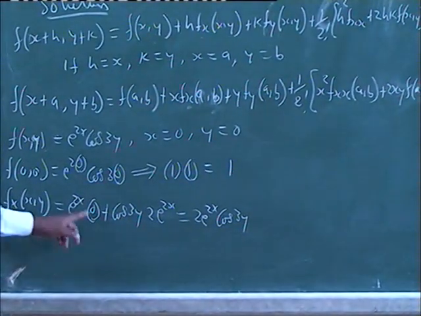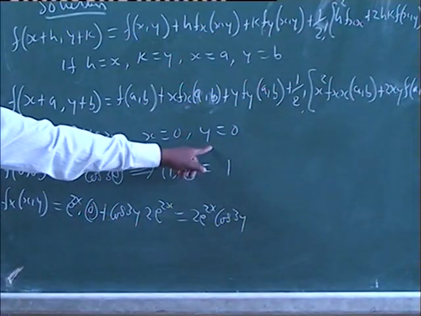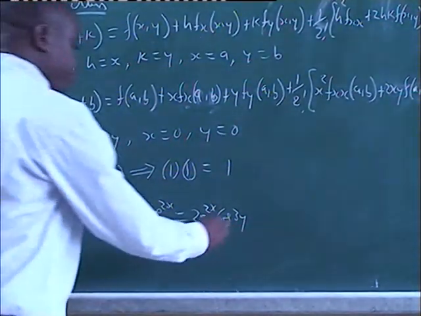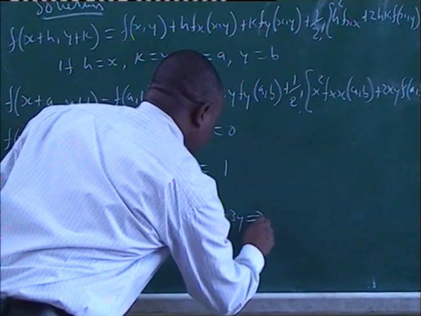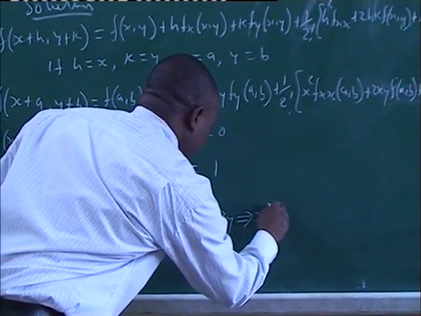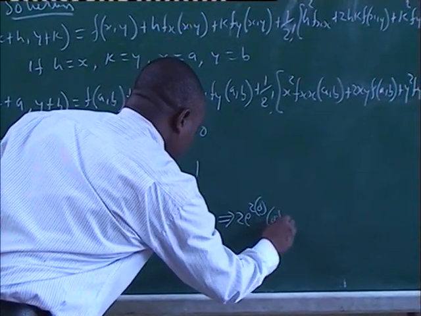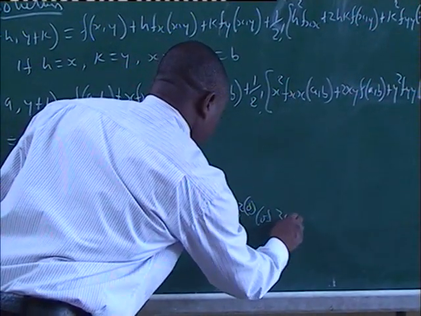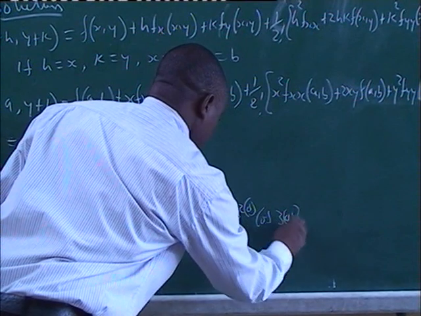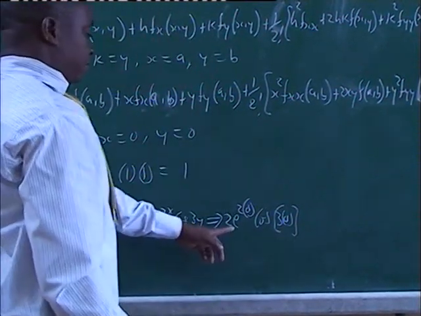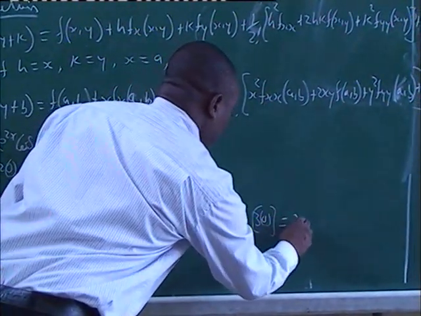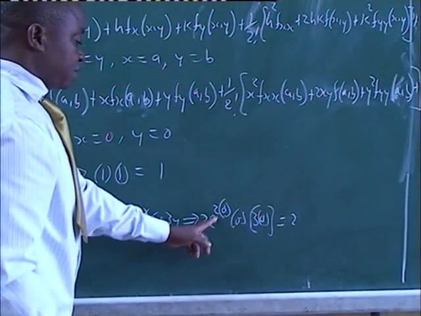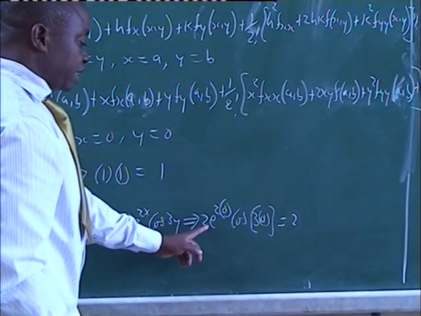Now if we put 0 and 0, this is the same as 2 exponential 2 times 0 cos 3 times 0. Anything to the power 0 is 1, so 1 times 2 is 2.